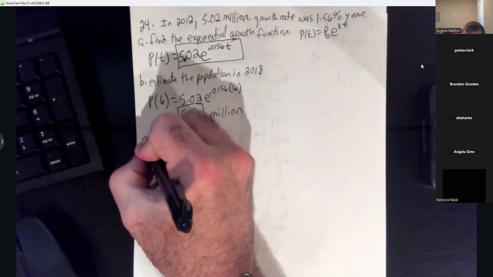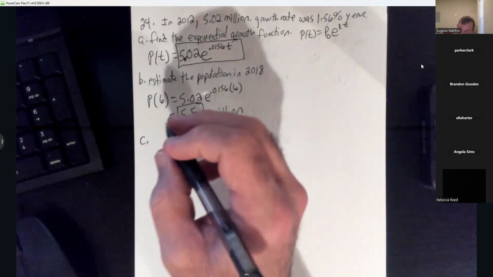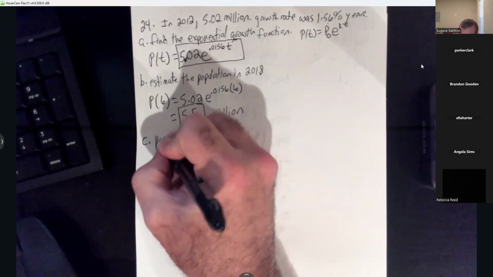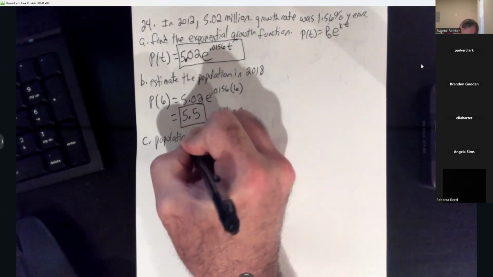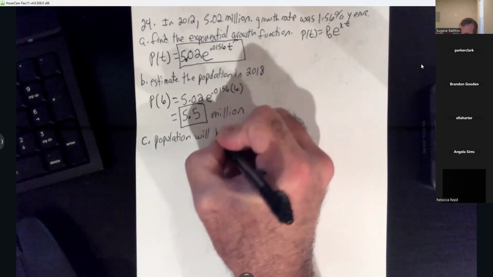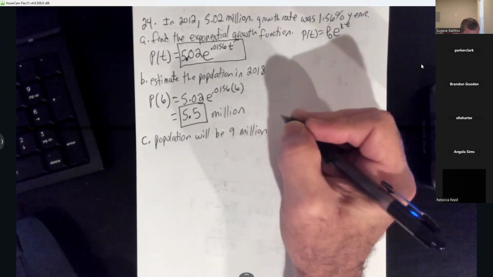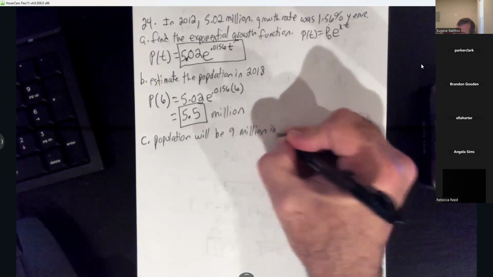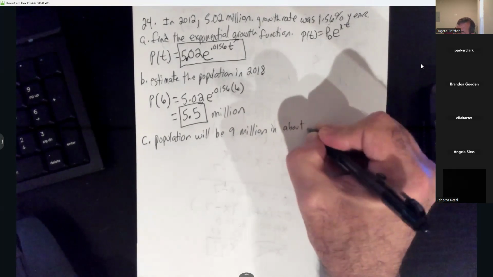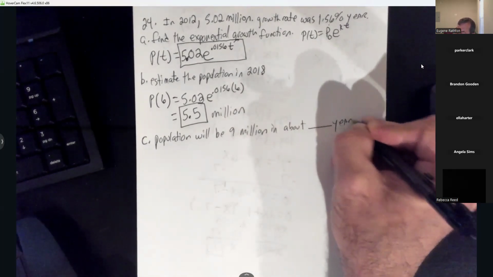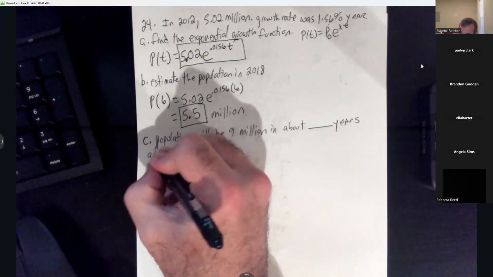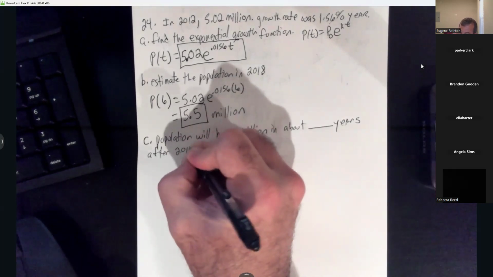Now for part C, it says the population will be 9 million in about blank years after 2012.